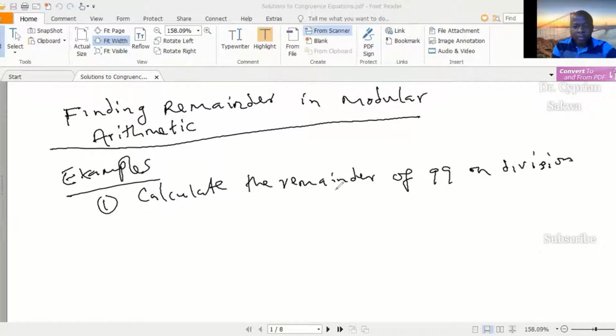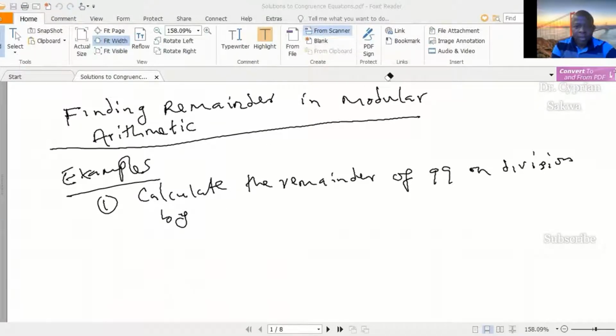On division by 11. Let me do on division by 19, because by 11 there will be no remainder. So on division by 19.